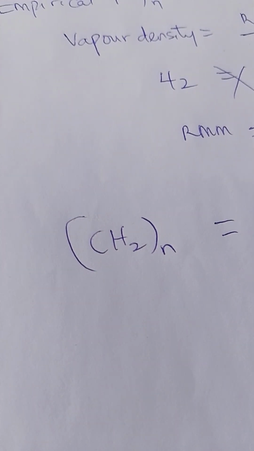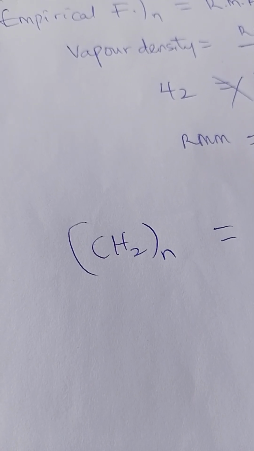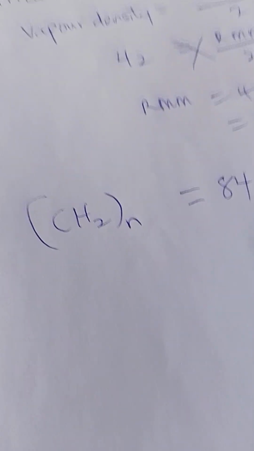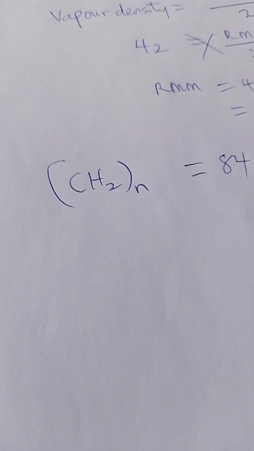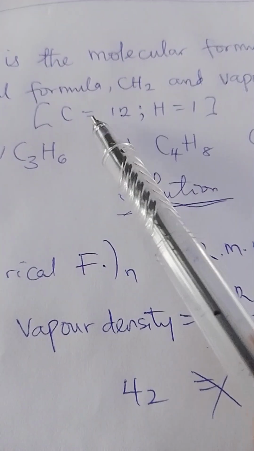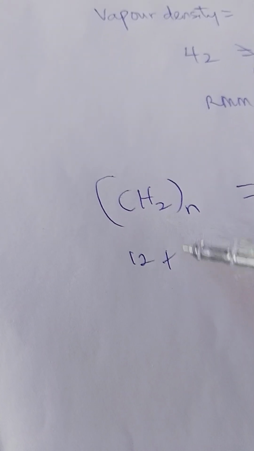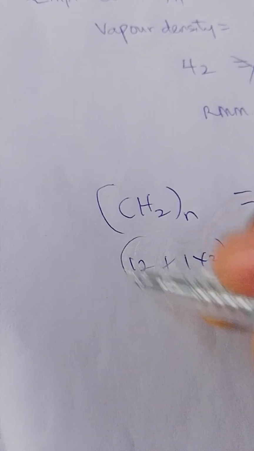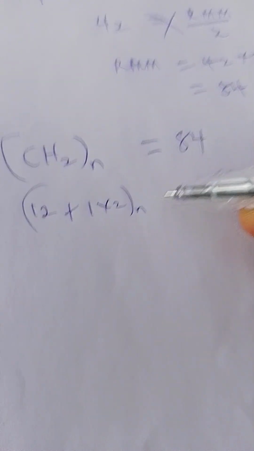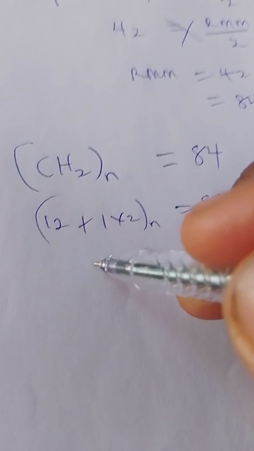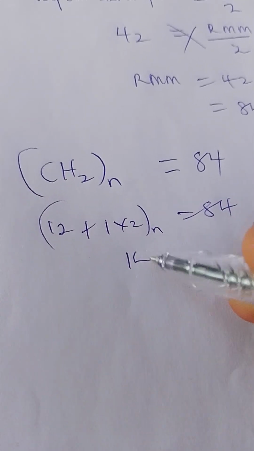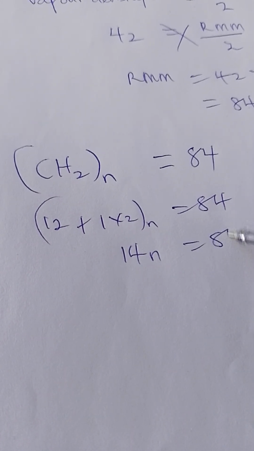The relative molecular mass that we have gotten is 84. So we expand the brackets using the factors given to you. Carbon is 12, plus hydrogen is 1, and it occurred 2 times. Then in bracket we have the N equals 84. So 12 plus 2 gives 14, so 14N equals 84.